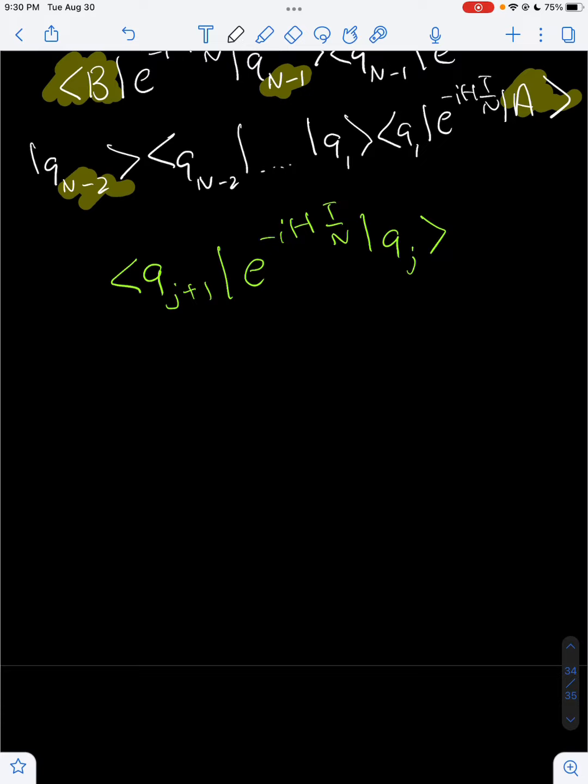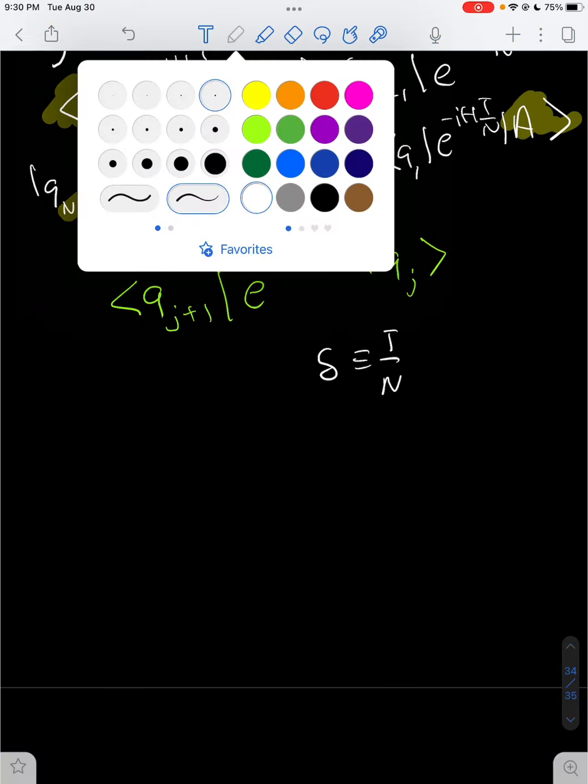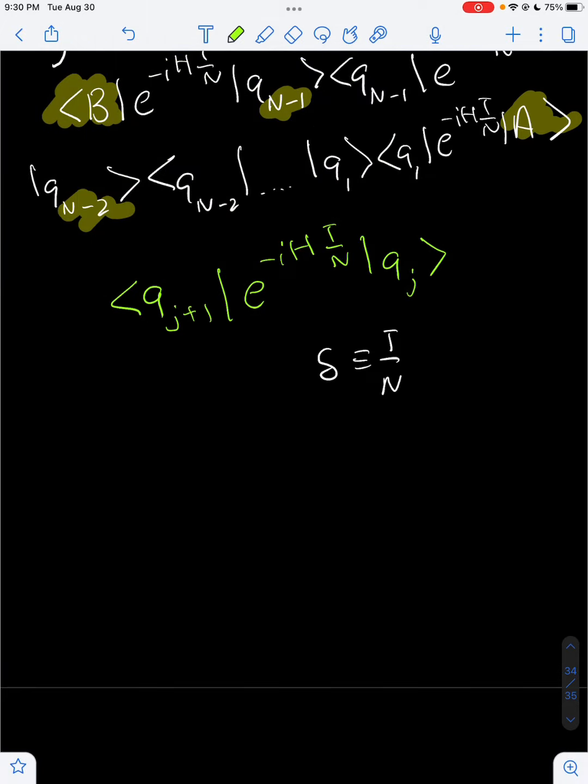Well, we can use our good old trick, the Taylor series. So let's define some quantity delta to be t over n, since that's going to be easier to write. This makes the expression become q_{j+1} times e to the minus i h delta times q_j.